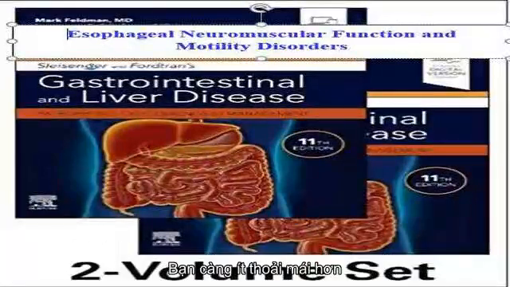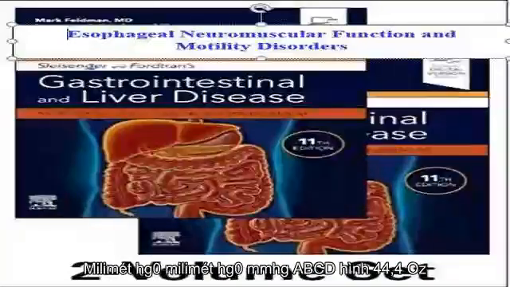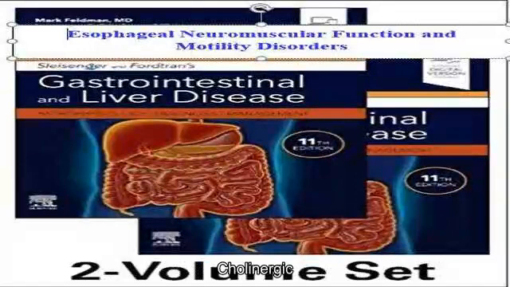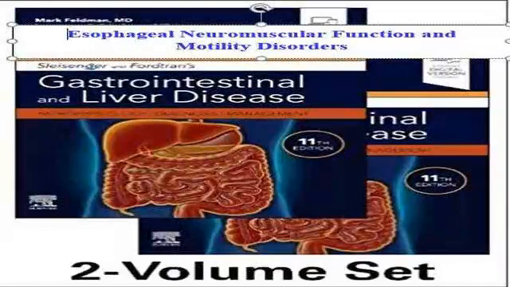Fig 44.4 Alterations in the balance and gradient of excitatory, cholinergic, and inhibitory, nitrergic, neurons in the distal esophagus as a pathophysiologic mechanism of esophageal motor disorders.